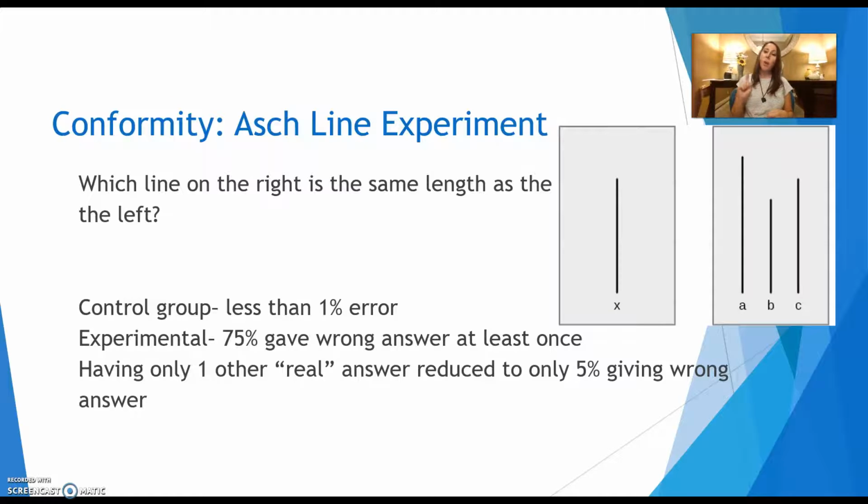Having just that one other person who is giving the true answer reduced this to only 5% of people in those trials gave the wrong answer. So having just one ally can protect against conformity a lot. But without that one ally, being the lone duck in a group, most people at least once will conform.